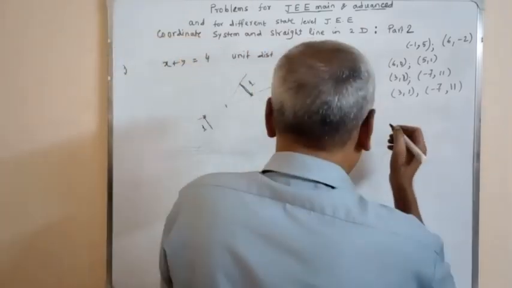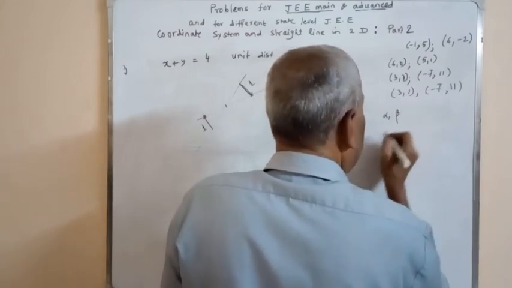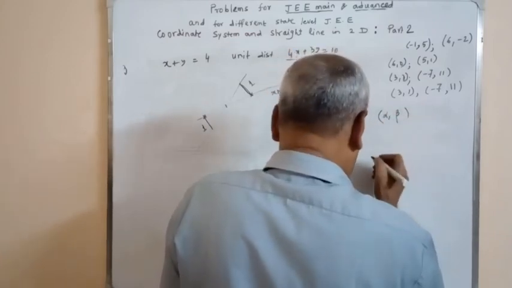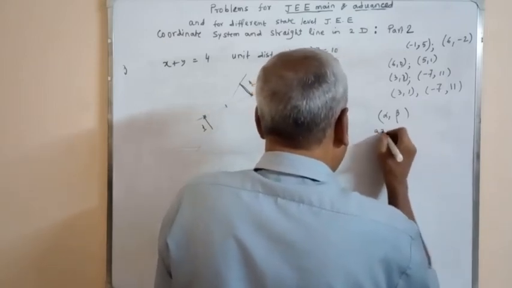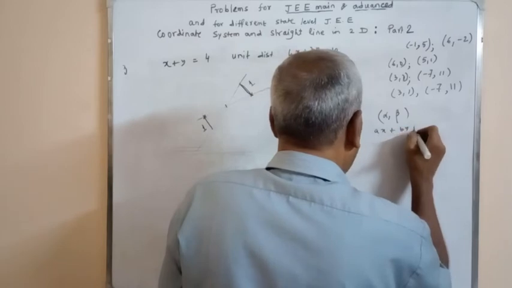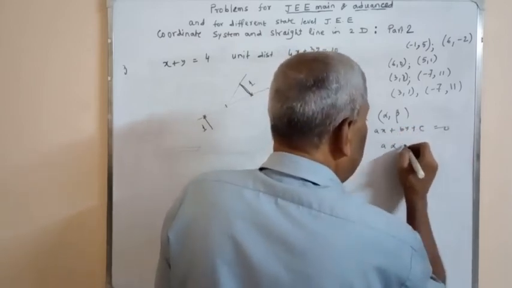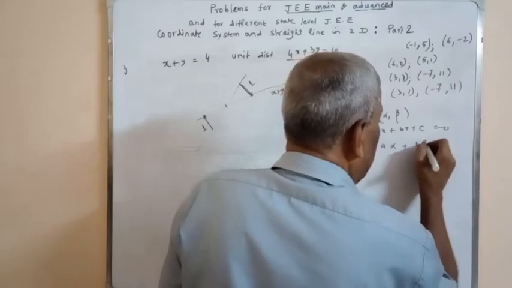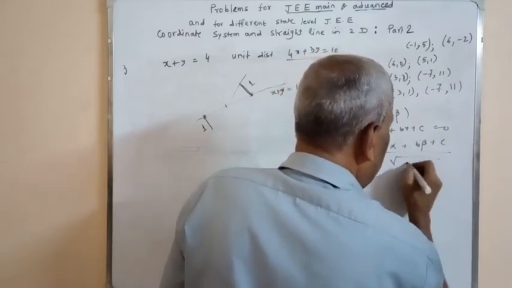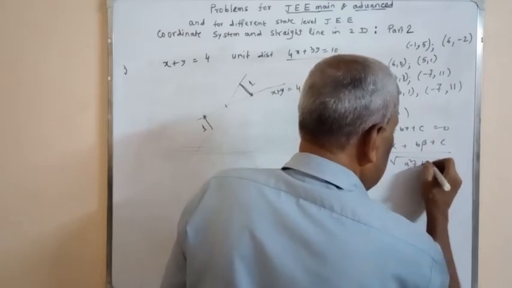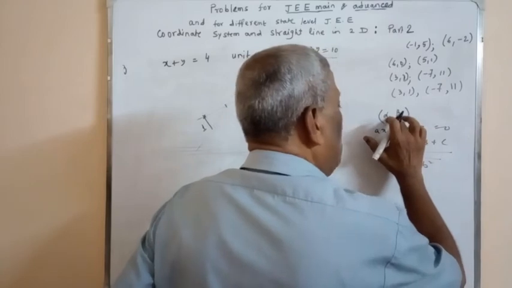Now, there is a formula: from the point alpha, beta, the perpendicular distance on the line ax plus by plus c is equal to 0 is a alpha plus b beta plus c divided by root over a square plus b square. This is a straight line, this is a point.